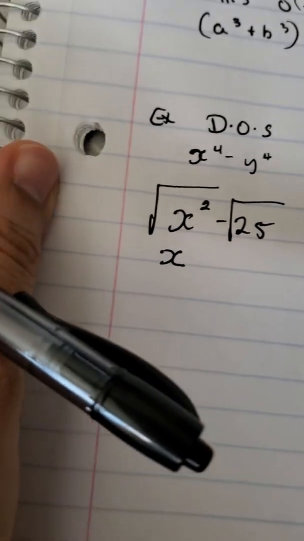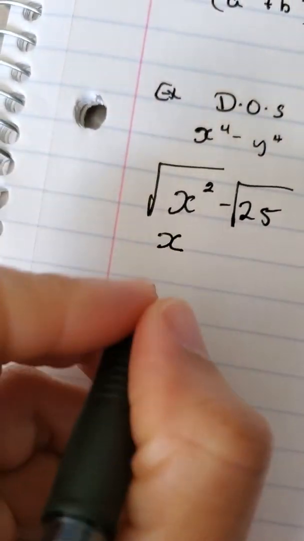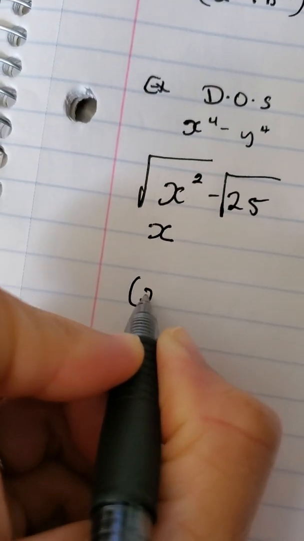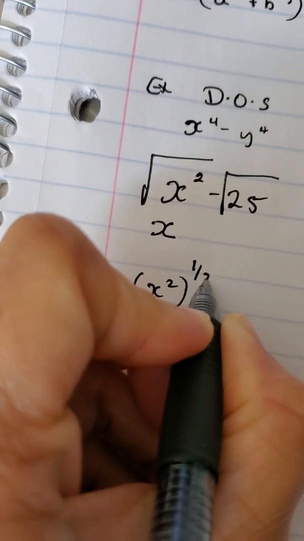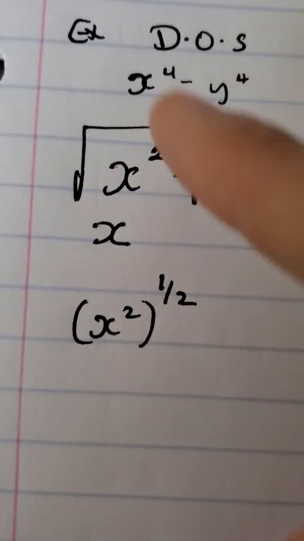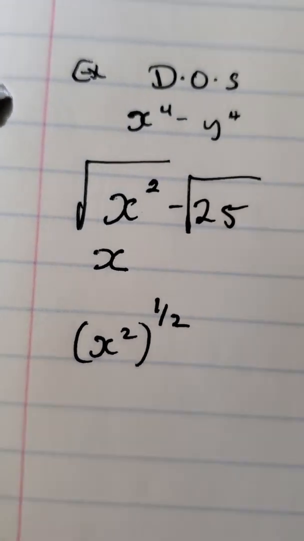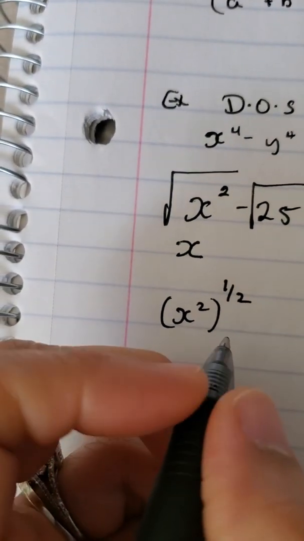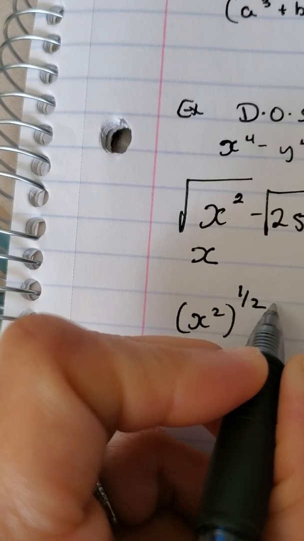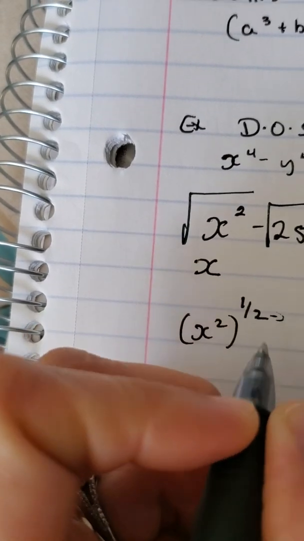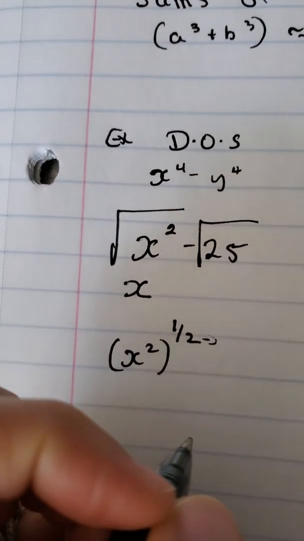So basically what a square root is really saying is x squared to the half. That's what a root is. It's a fraction of a power, where the denominator actually tells you the root of your problem.